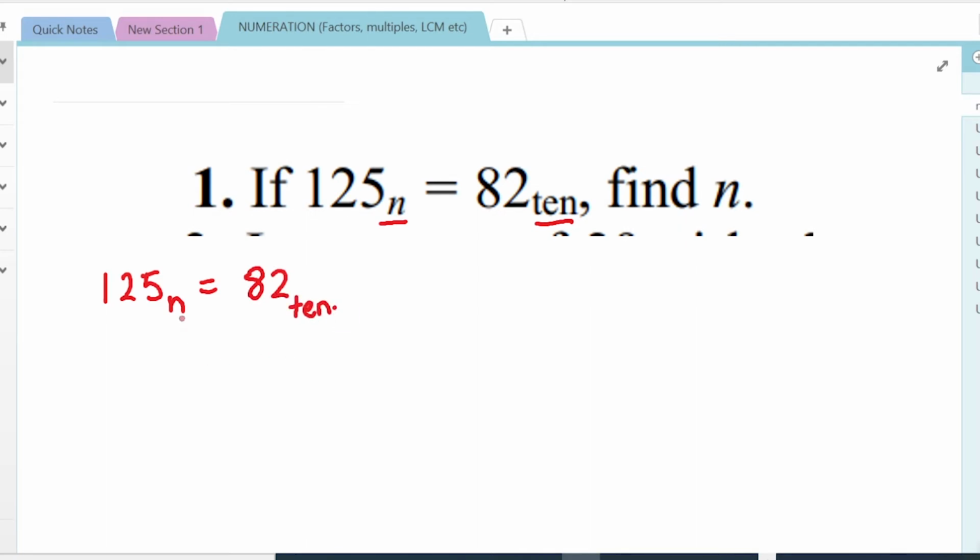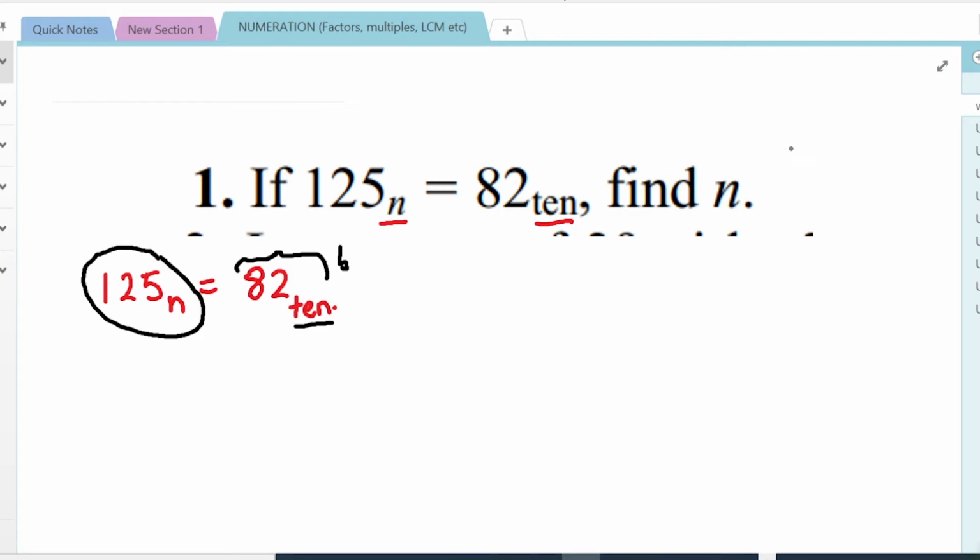For us to be able to find the value of n, as you can see, this side is base 10, so we are supposed to convert this side to base 10 as well. In the process of converting that side to base 10, we will be able to find n.